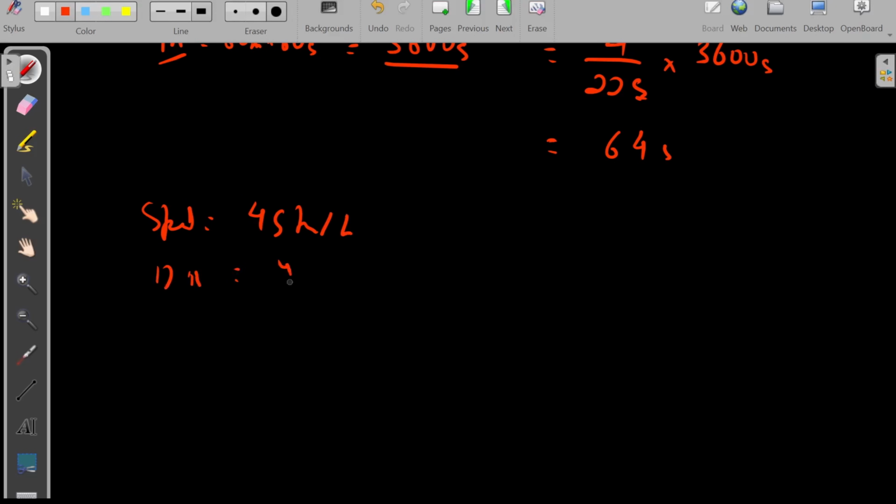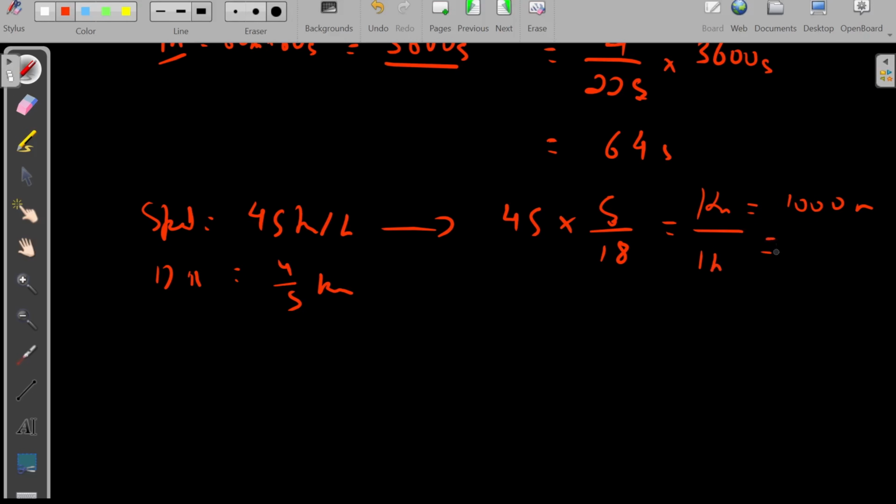Distance is 4/5 km. So let's do the speed first. 45, I'll multiply it with 5 over 18. Now if you're confused where I get this fraction 5 over 18, we know that 1 kilometer equals 1000 meter and 1 hour equals 3600 seconds.